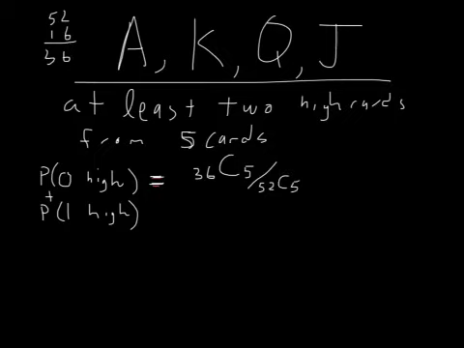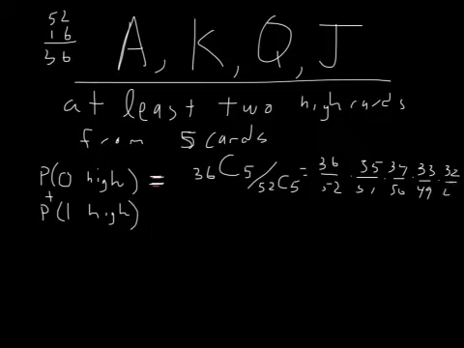And that's it. We could also think about it this way by saying, all right, so what we just did was thinking about it as one event, picking 5 cards. But what if we thought about it in terms of getting 5 events, 5 cards? Well, in the first case, there are 36 out of 52 to get a non-high card, and then 35 out of 51, and then 34 out of 50, and then 33 out of 49, and then 32 out of 48.